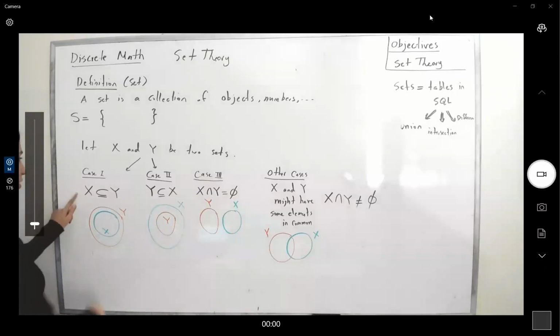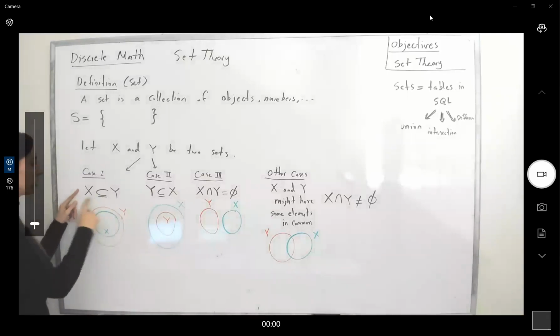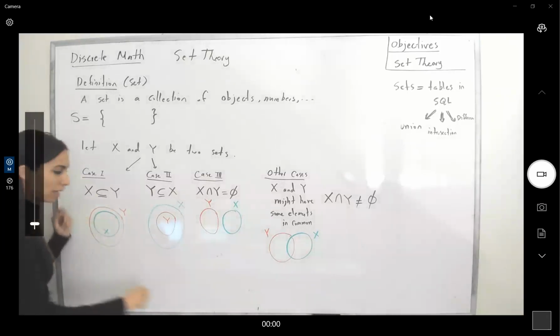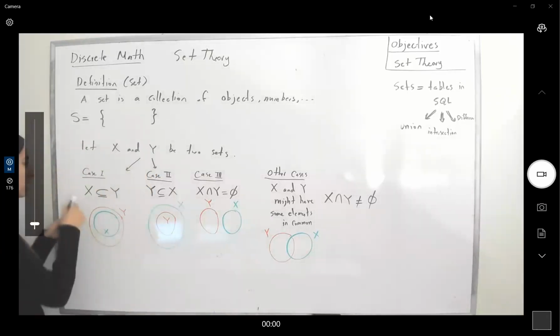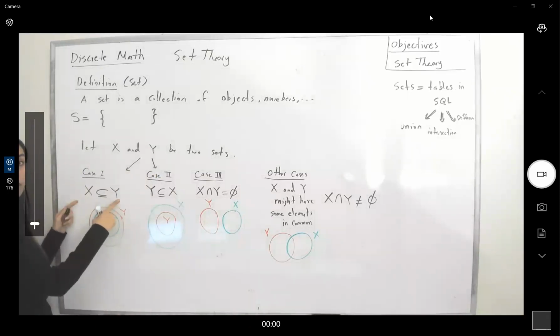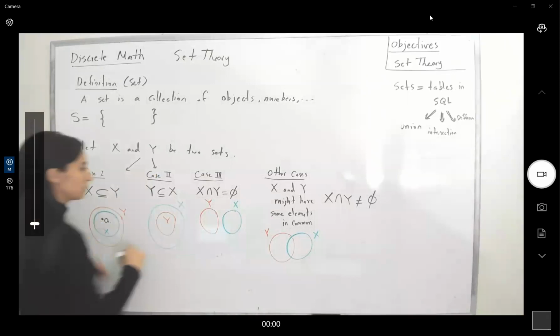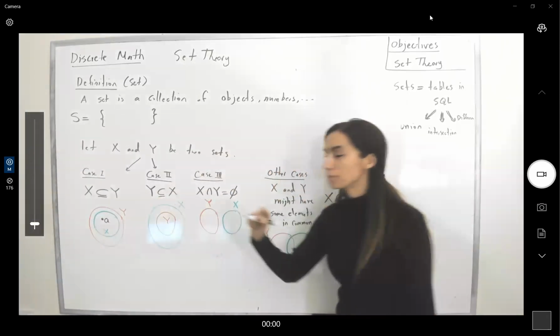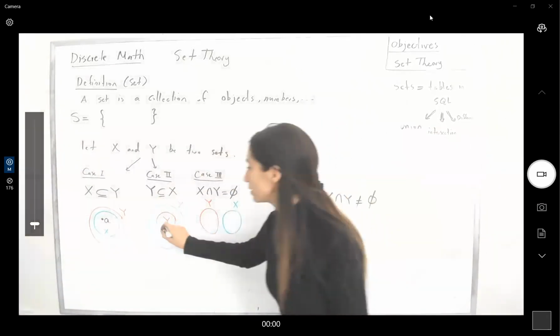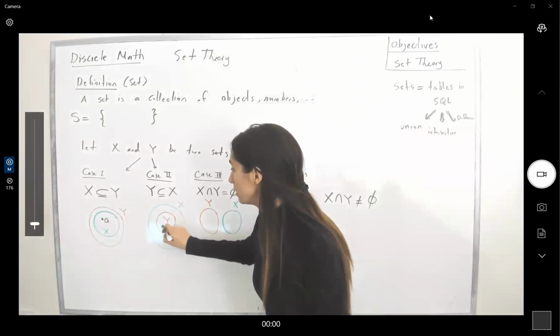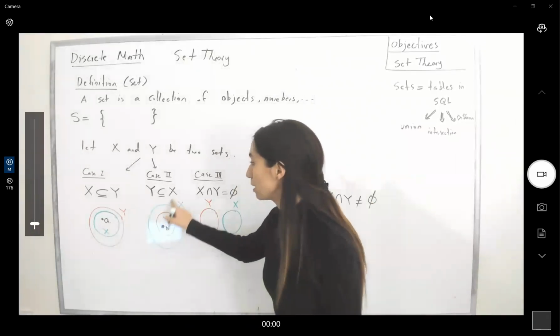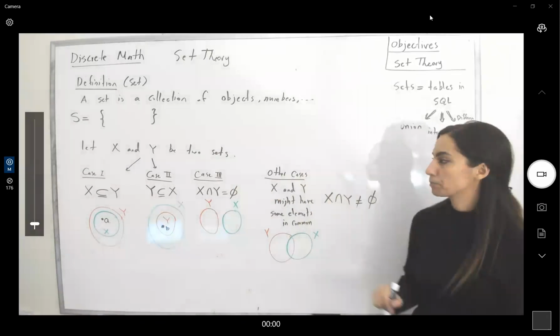So remember that when we say X is a subset of Y, it means that if you take any random element in set X, that element belongs to Y. So if I take any random element in X, that element belongs to Y as well. We say that Y is a subset of X. It means that if I take a random element in Y, like B, that element belongs to X as well.